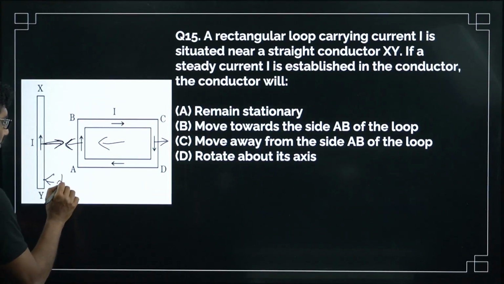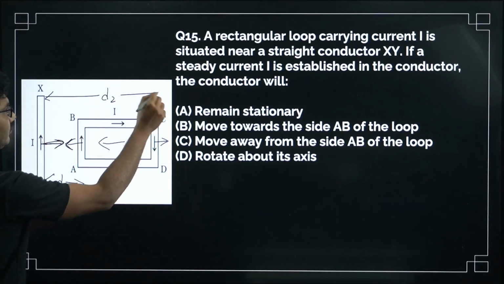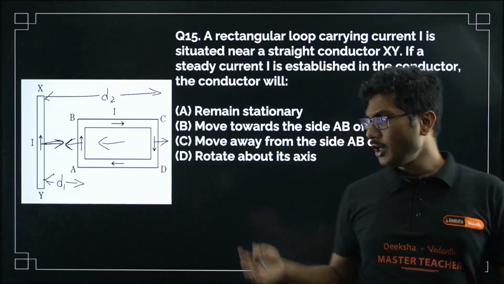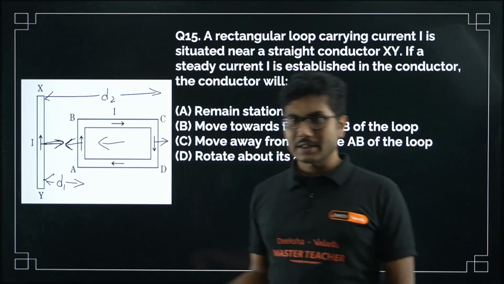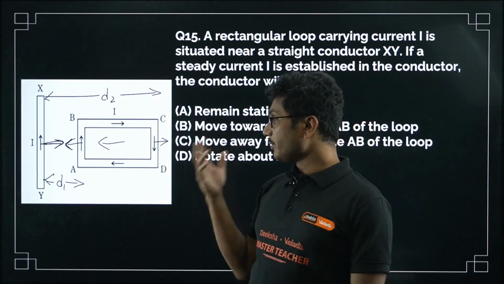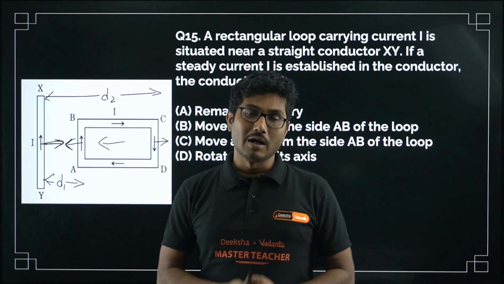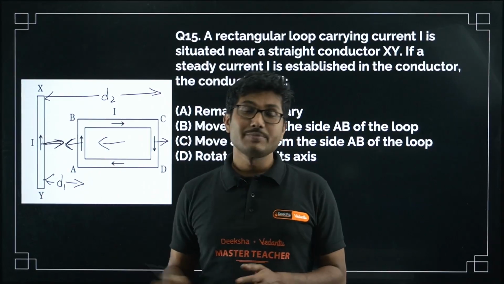So this is say D1, this is say D2, and this force is basically inversely proportional to the distance. That means the closer it is, the higher the force; the further it is, the less the force. So the force between two parallel current carrying wires is inversely proportional to the distance between the wires, right?